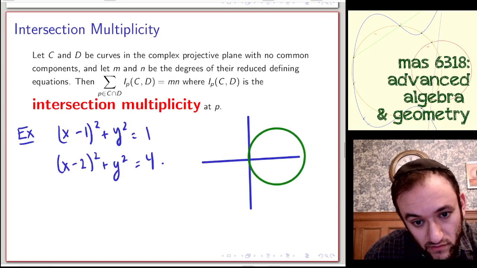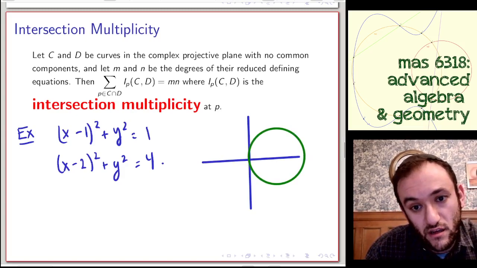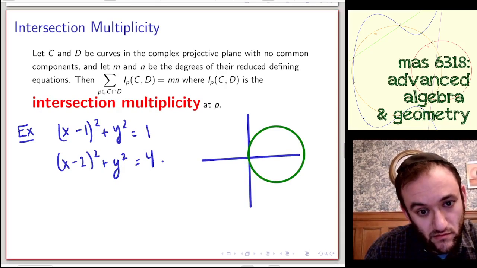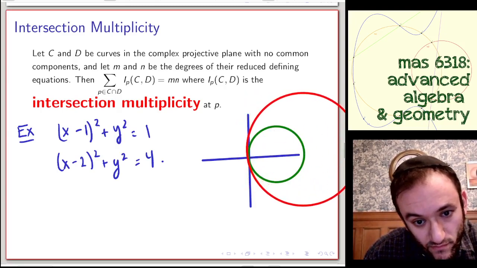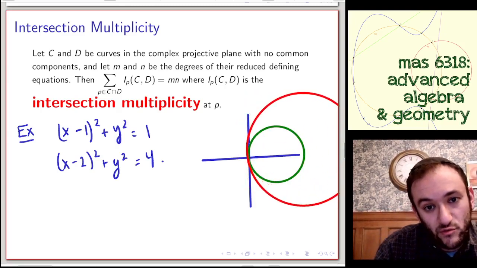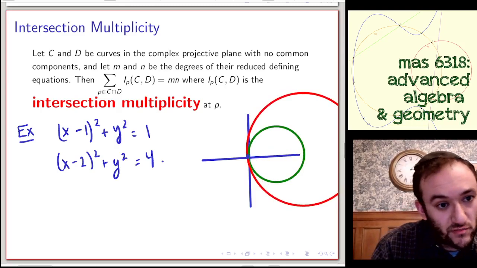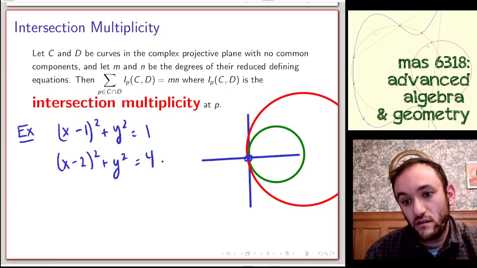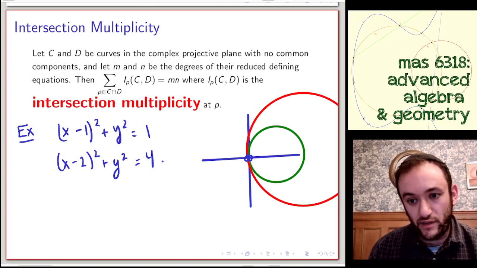One of them of radius 1 hitting the origin, and one of them of radius 2. Okay, and they would be tangent at the origin. And that's why we need this intersection multiplicity, to make sure that this tangency captures the fact that there's really more than one intersection point located at the point of tangency.